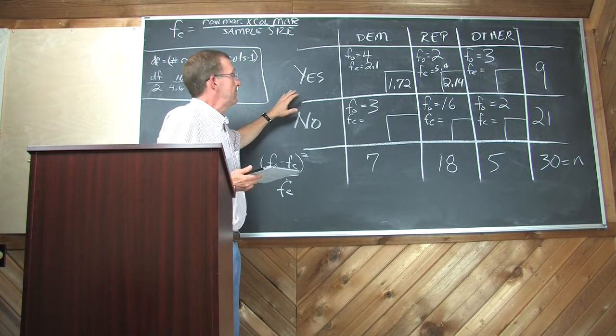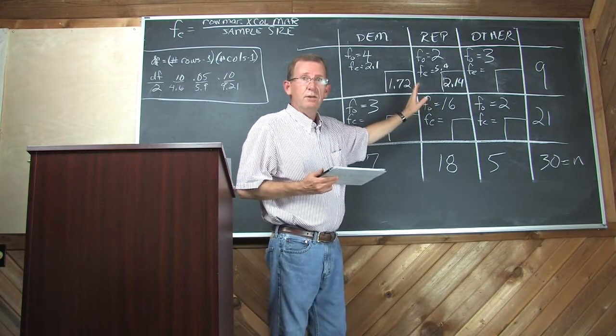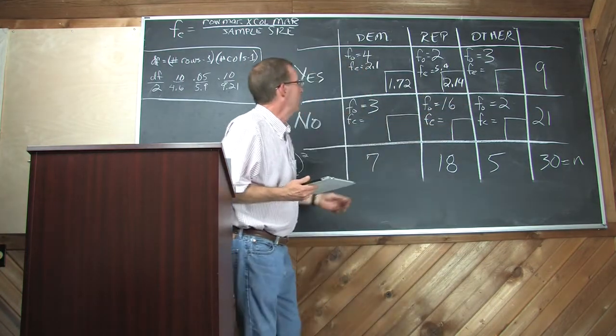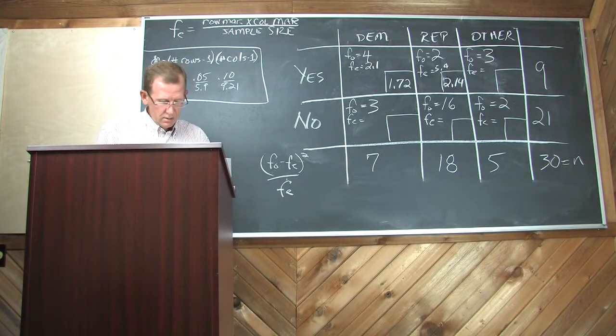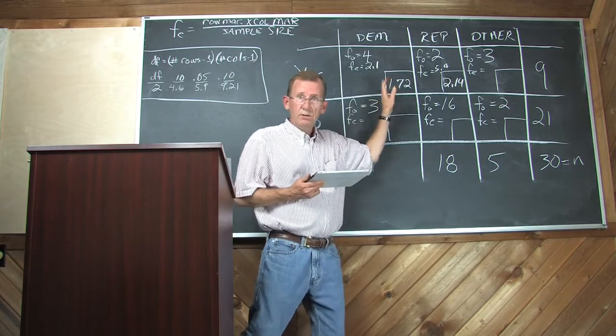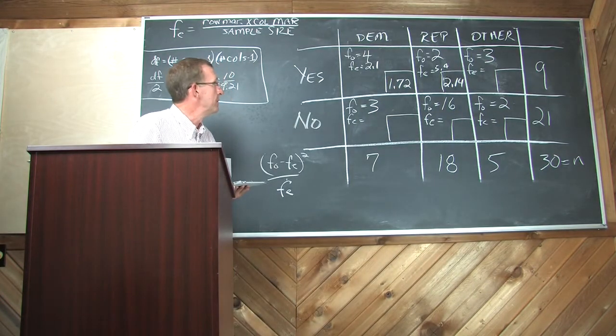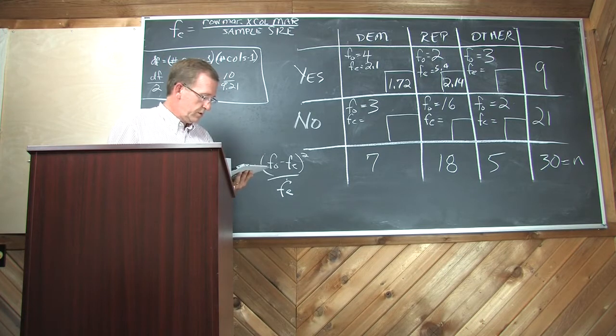Recall in the other one, we had a 2 by 2, and we were only getting a value of 1 for each cell. In this case, we're getting 1.72 and 2.14. So chi-squared, as we're summing across these two cells, is going to be north of 3.